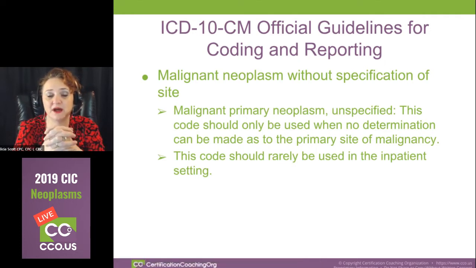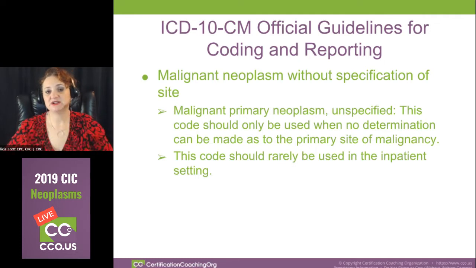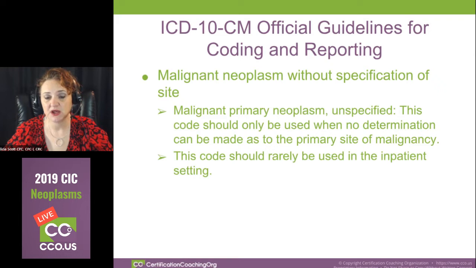What happens if we have a malignancy, but we don't have a specific site? There is a code for a primary malignancy, unspecified, but that is not going to be used very often. When might you use this? If your patient is a poor historian, not able to articulate and tell you.